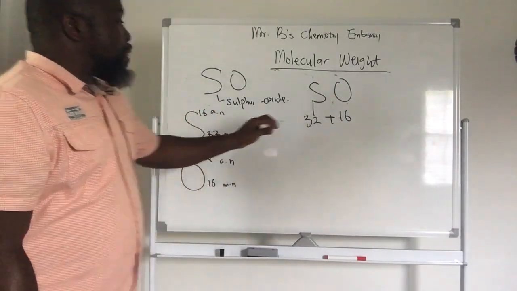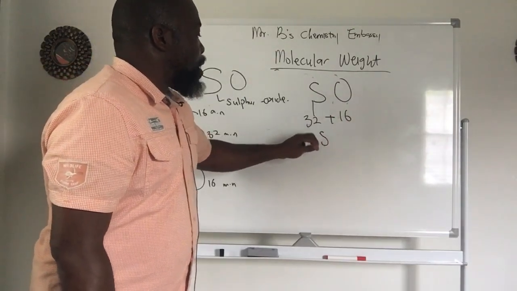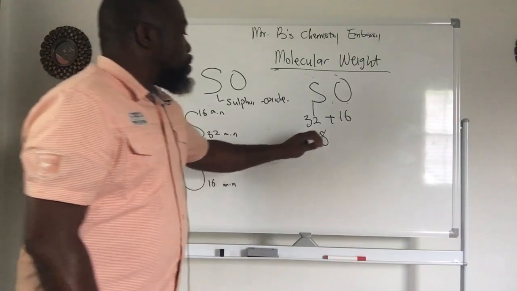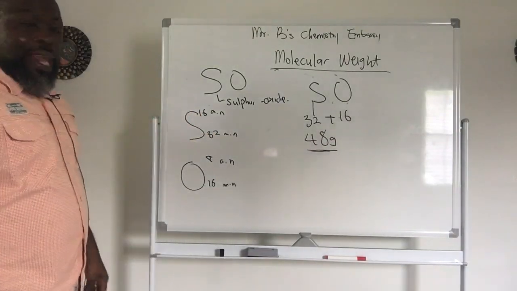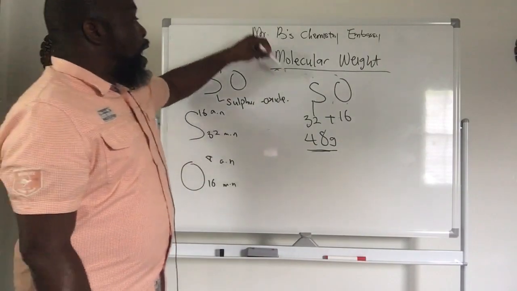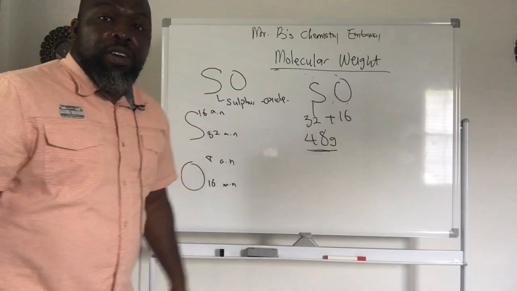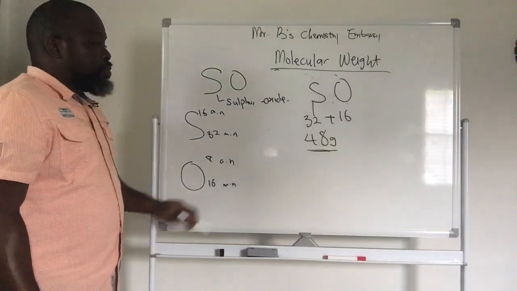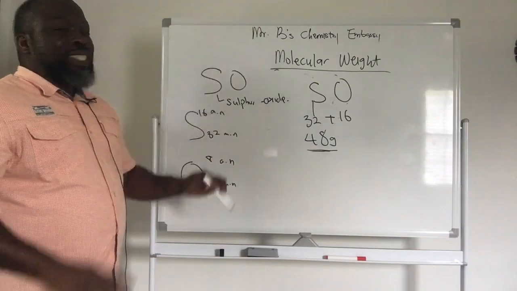So when you add 32 plus 16, that's going to give us 48. Always remember your unit. So this is going to be 48 grams. The molecular weight for our sulfur oxide is 48 grams. So that is how you calculate your molecular weight easily.